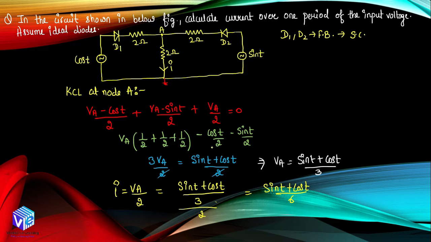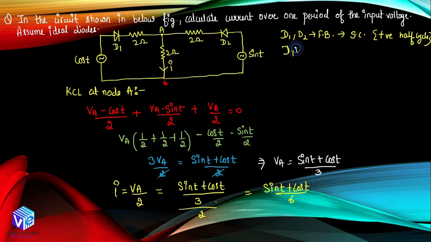So this was the case for the positive half cycle, when both of the diodes are forward biased and we have taken them as a short circuit. Now in the negative half cycle, what will happen?